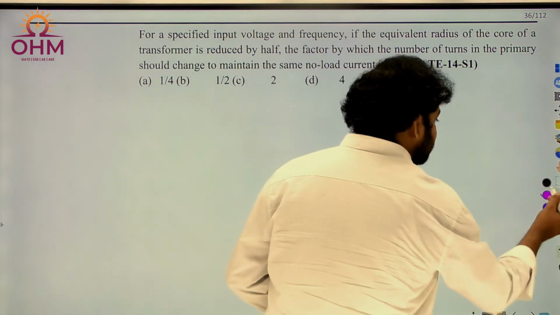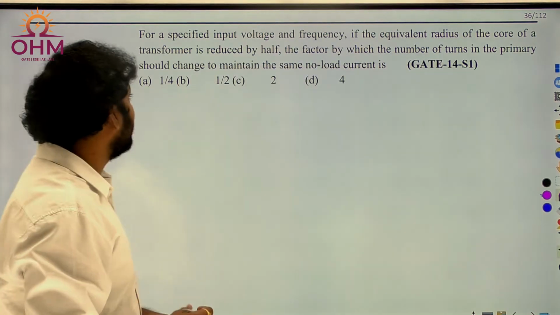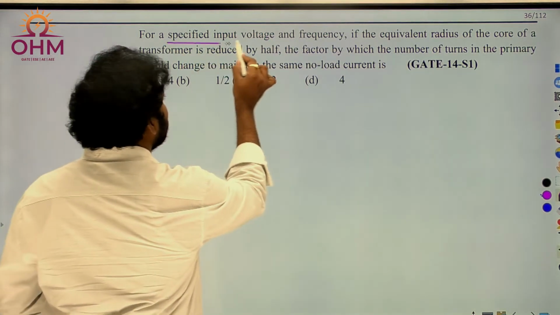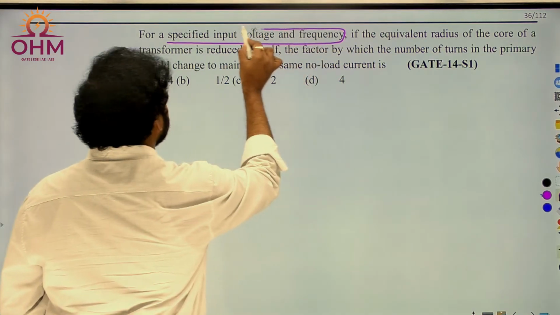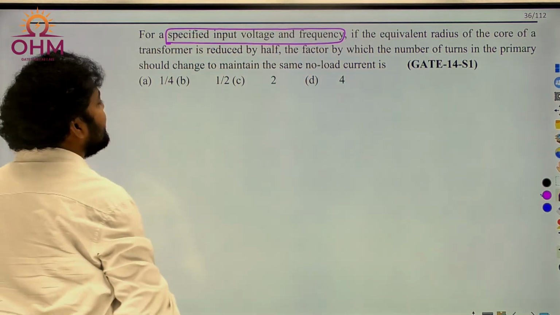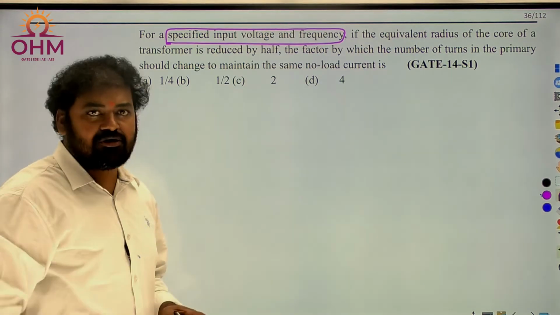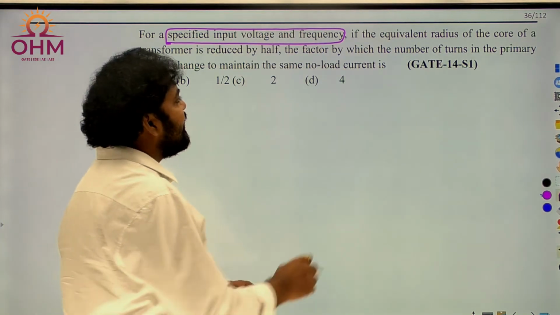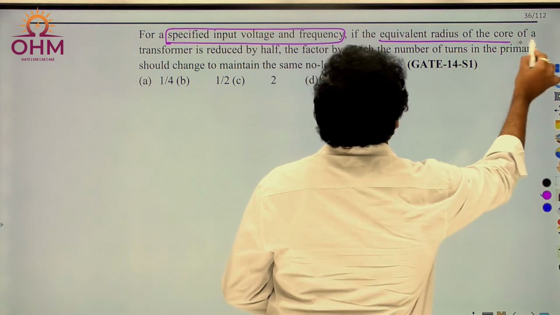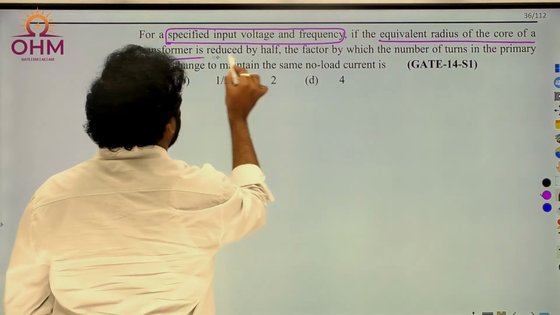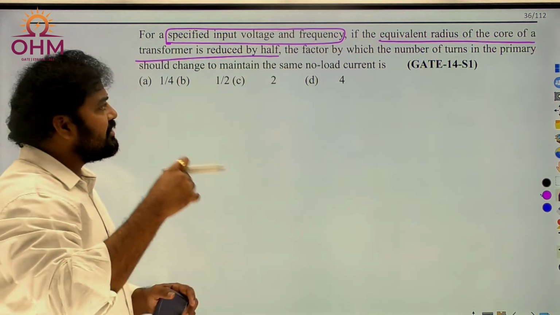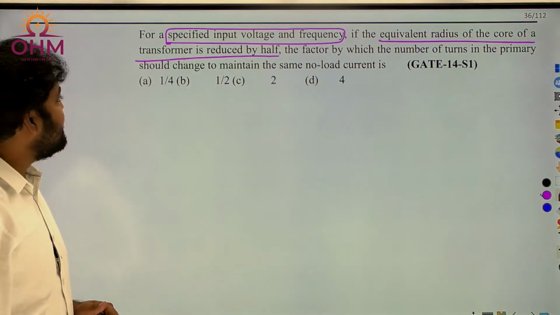Let us understand some important information given in the problem. For a specified input voltage and frequency, that means we are keeping voltage and frequency constant. They are specified and remain constant. The equivalent radius of the core is reduced by half.